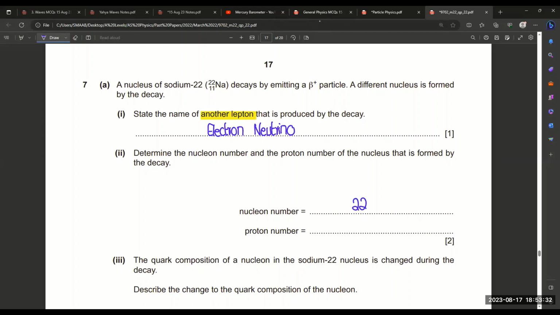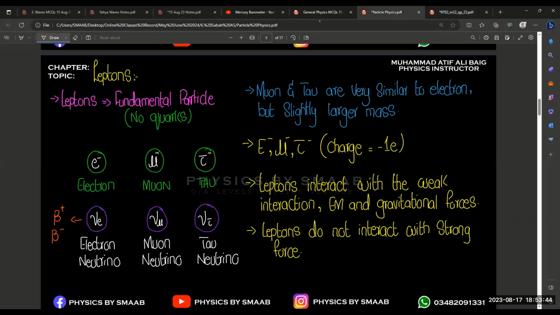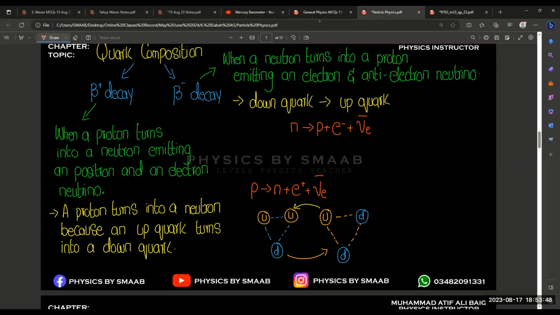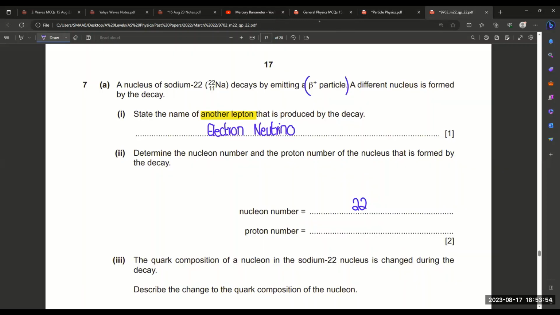But we discussed the concept of beta positive decay, right? They are asking about after the decay. So I remember it's going to gain a neutron, so it's going to be 23. And then the number of protons is going to be 11 or 10.